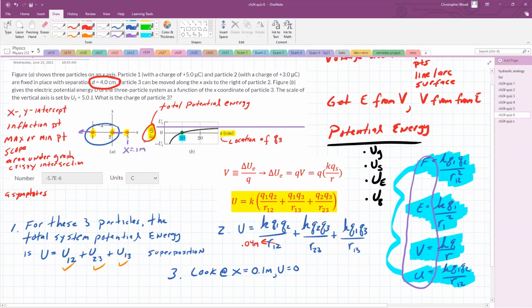Everything just balances out. All of the repulsion and all of the attraction perfectly counteract each other, which is why there's no potential energy. It means if I let go of all 3 of these particles, they would just stay where they are, which would be kind of a neat thing to see. All right, so I'm driving my stake in the ground at the position of particle 3 being precisely located at X equals 0.1 meters.